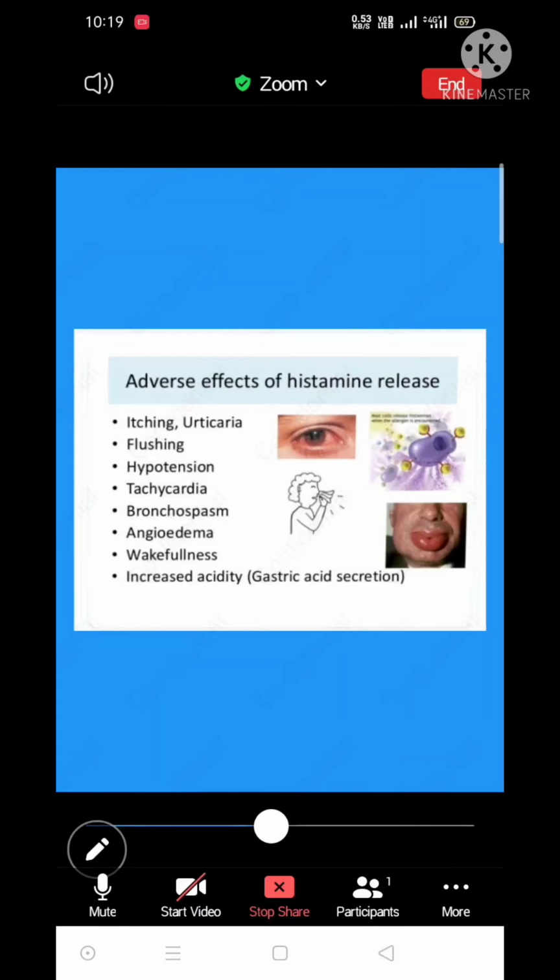If we talk about the adverse effects of histamine, it is very dangerous.